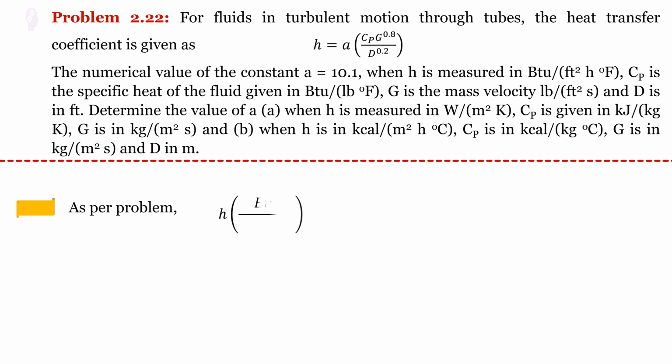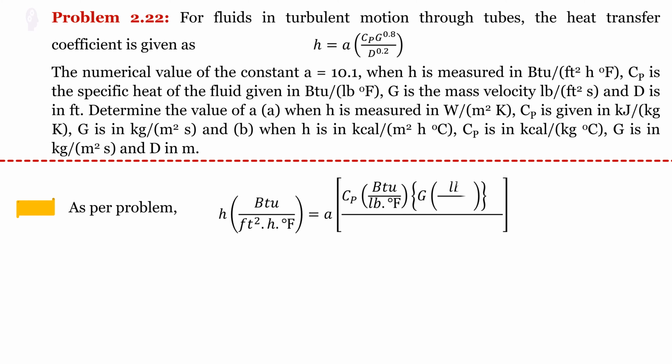Now as per the problem, H is given in terms of BTU per feet square per hour per Fahrenheit, and Cp is given in terms of BTU per lb per Fahrenheit, and mass velocity G is given in terms of lb per feet square per second, and diameter is given in terms of feet.